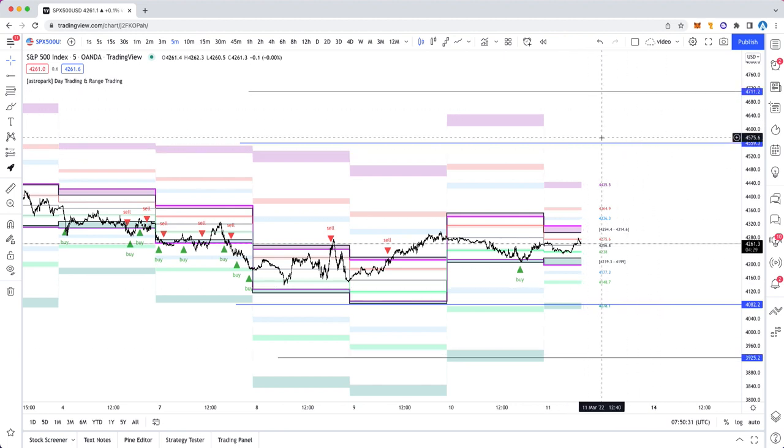You want to be a seller here. Let's go back to the initial questions. You want to be a seller here, you want to be a buyer here, or basically DCA your position.